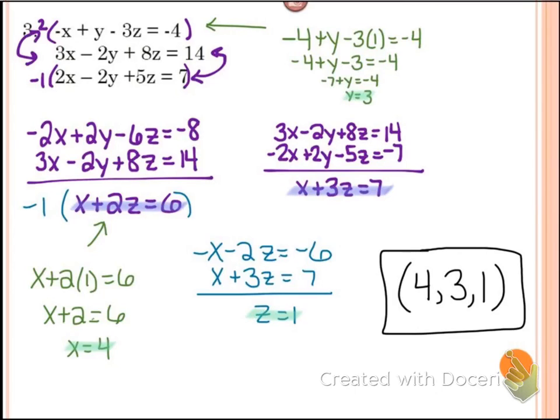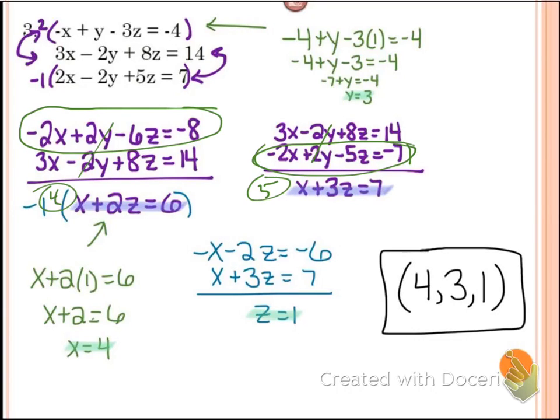So multiplying equation 1 by 2 gets you this, and then by putting 1 and 2 together, you can eliminate the y's. Here we've taken 2 and 3 and multiplied 3 by negative 1 to get this, which allows you to eliminate y again. Then you've got your equation 4 and equation 5 here.